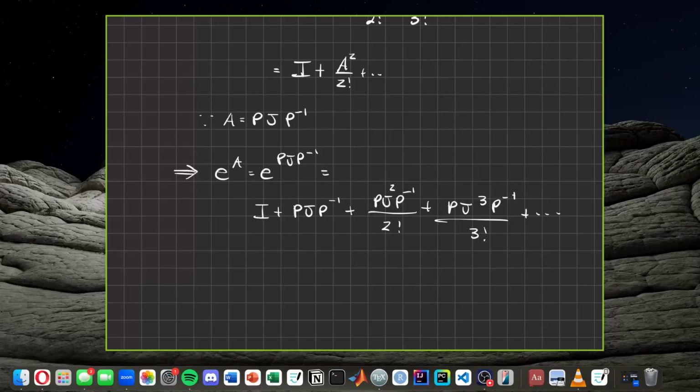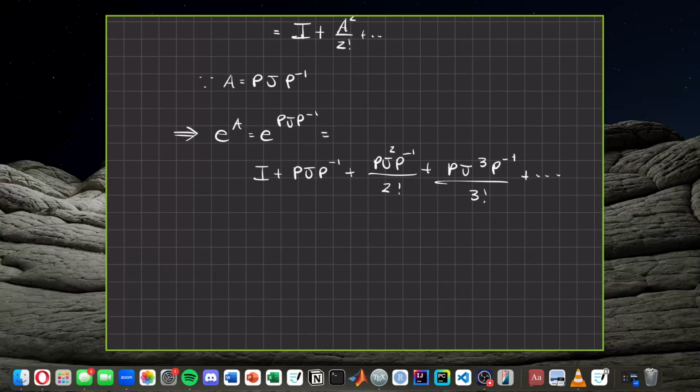So one thing that we can notice about this expansion is that we start with I.